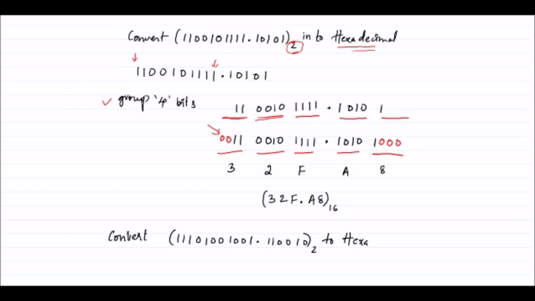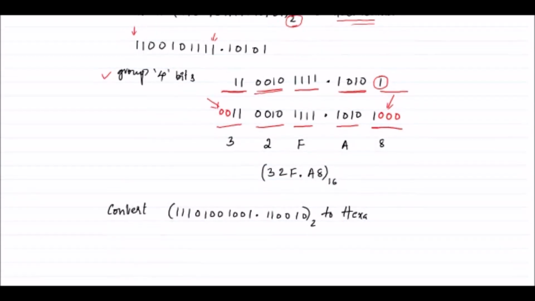So 1010 has 4 bits and this has only 1 bit. So I have replaced the other 3 bits with 00. After replacing with 00, every group has 4 binary bits.